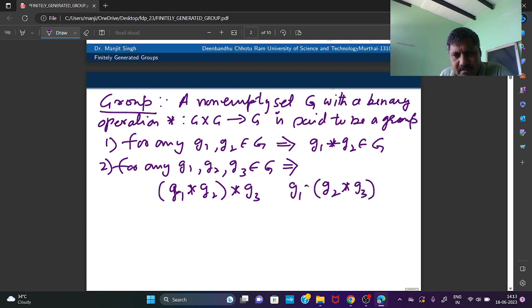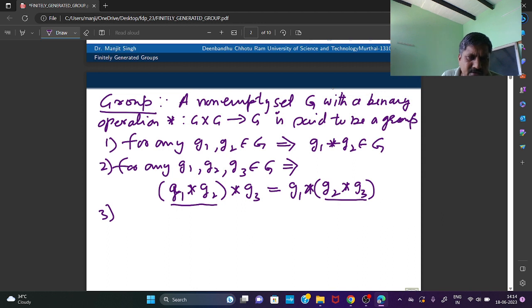So this equality holds. It is immaterial whether we operate g1 and g2 first or g2 and g3. This property is known as associativity.